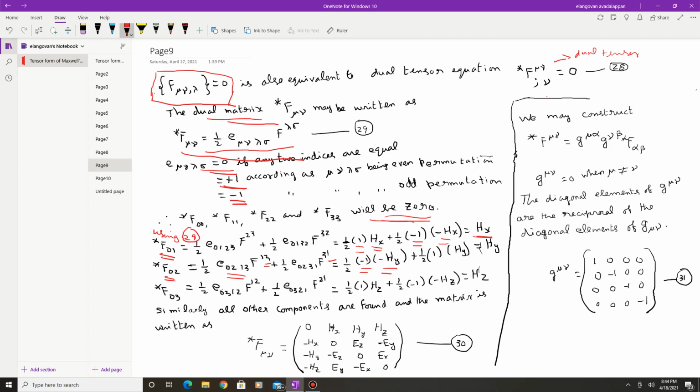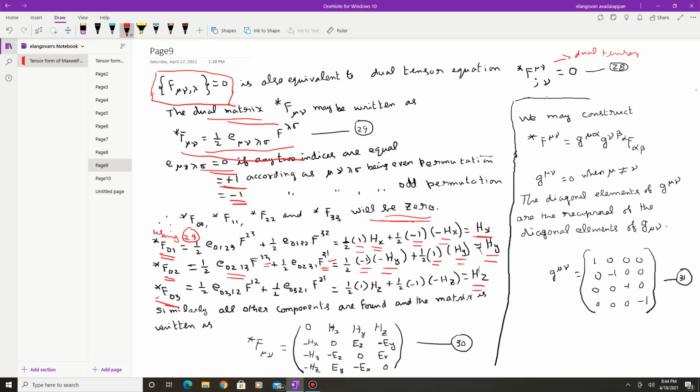And E0231 is an even permutation, so plus 1, and F31 from the components of the field tensor is xy. Substituting all these values, similarly star F03 can also be determined.